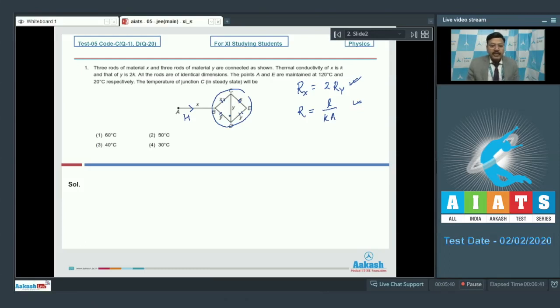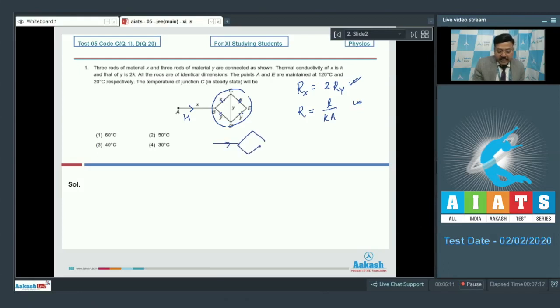There the quantity that flows is electric current. Here the quantity that flows is heat current. And in case of a Wheatstone bridge, if this resistance upon this resistance equals this resistance upon this resistance, then no current flows through the bridge CD. So that means we can remove part CD.